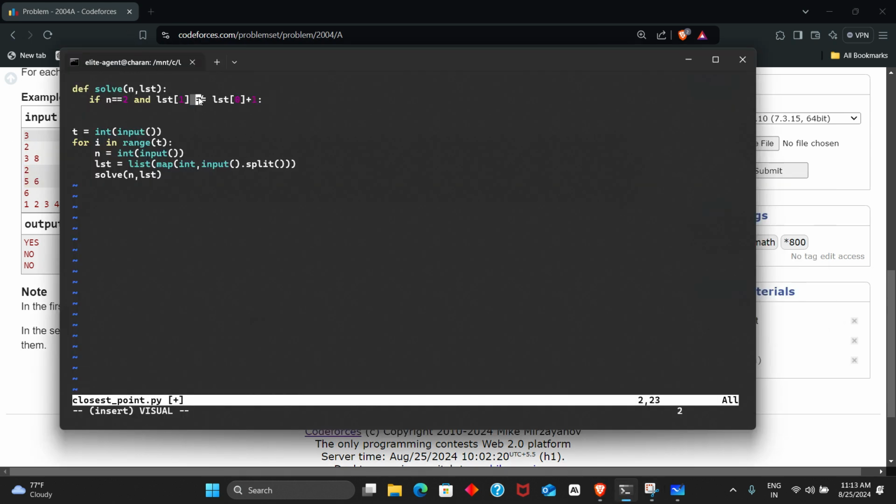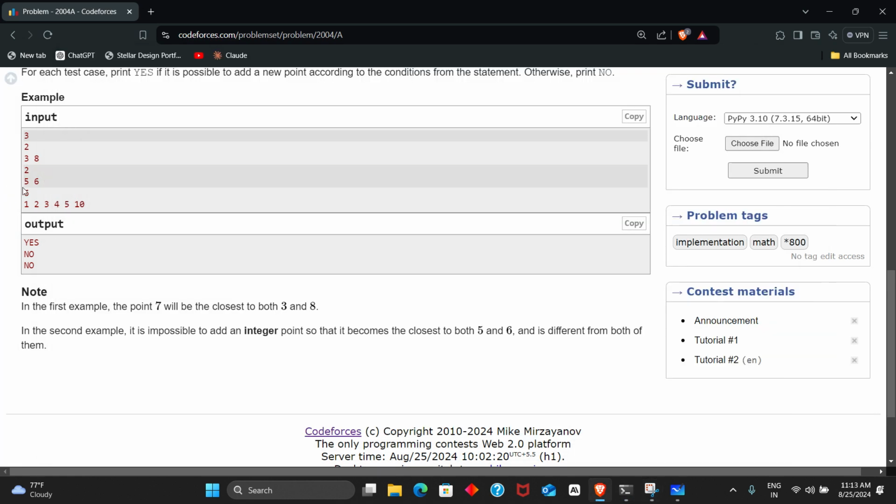So if this does not satisfy, because in 5 comma 6 we can't insert any integer in between 5 and 6. In 3 comma 8 we can insert 5, 6, or 7, which will be closer to both 8 and 3 than just 8 and 3.